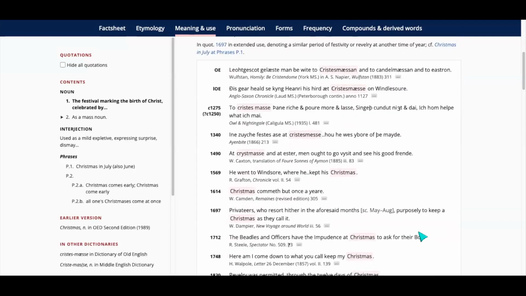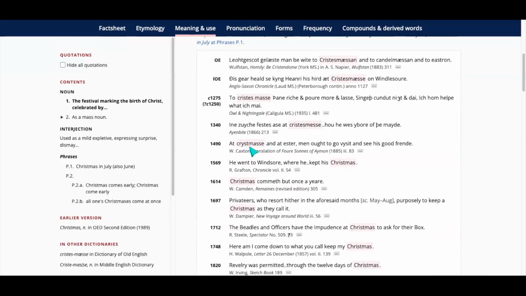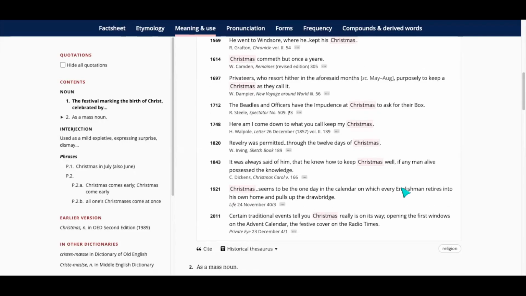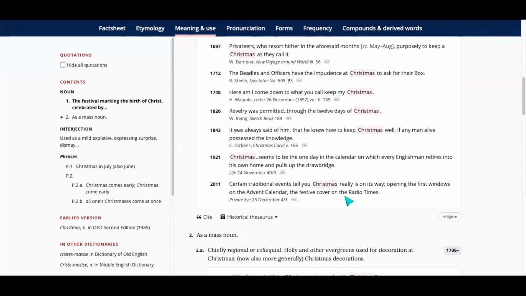So 1490, we have this, it doesn't even have an H in it. There's no H there either. Interesting. But then here we have 1569, it's dropped its S. So somewhere in this period of time, the mass dropped the double S on the end. And then we see examples.